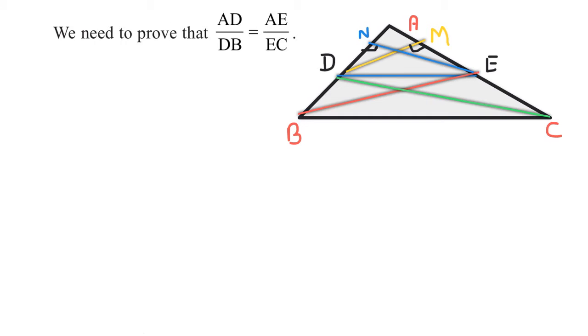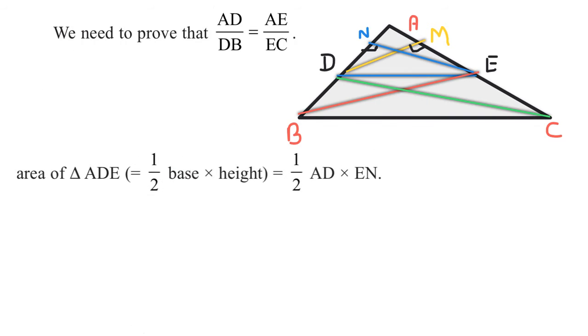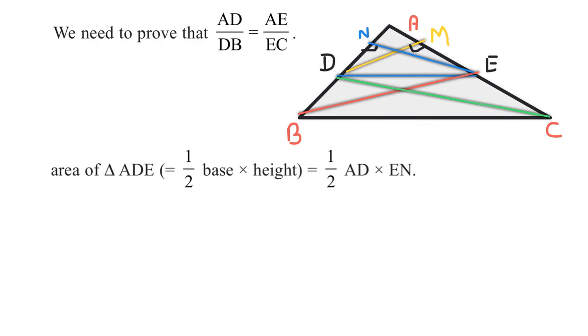So we need to prove that AD over DB is equal to AE over EC. Now in the triangle ADE, what is the area of the triangle ADE? It's half base times height. Half times, if we take AD as the base, then what will be the height?